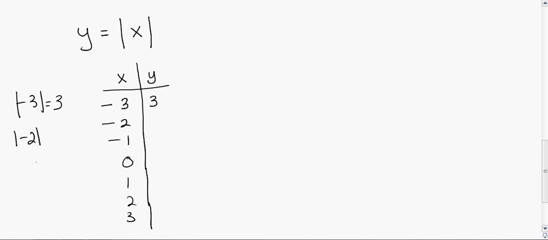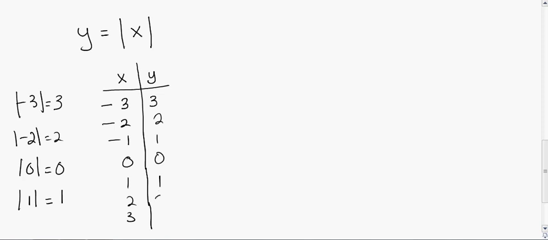What's the absolute value of -2? Well, that'd be +2. I can kind of see where I'm going, so the absolute value of -1 is going to be 1. What about the absolute value of 0? How far is 0 from 0? Well, it's 0 steps away, so the absolute value of 0 is 0. And the absolute value of +1 is 1. Remember, we're not changing the sign here. It's just how far is a number from 0. It's 1 step away, and I write that answer as positive.